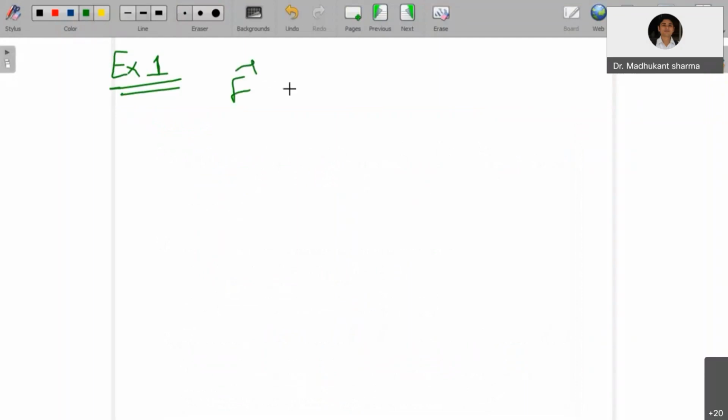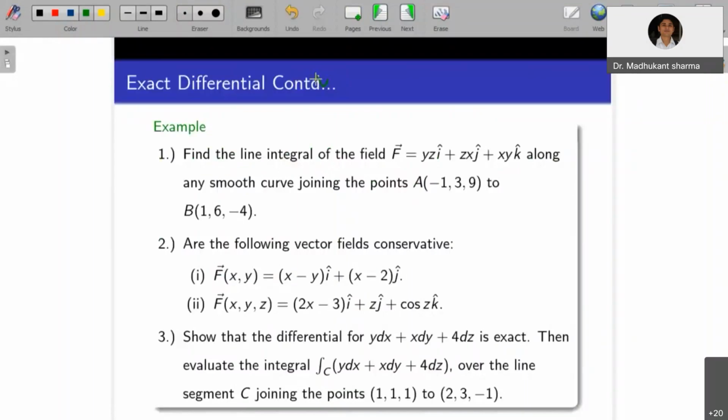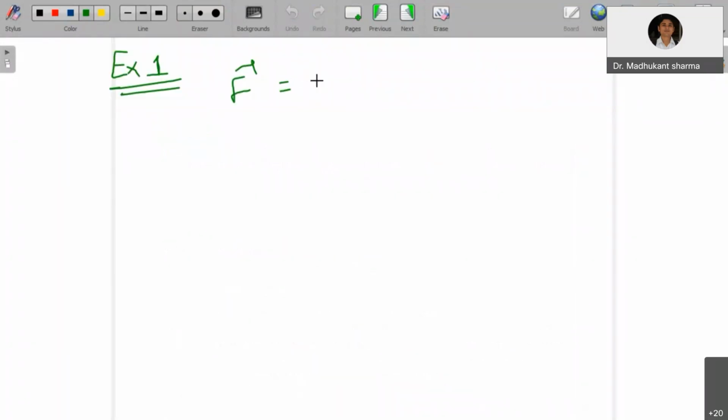So you have been given F equals yz i plus zx j plus xy k. Fine.